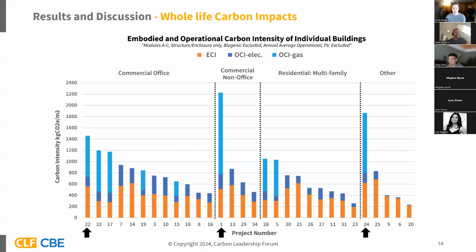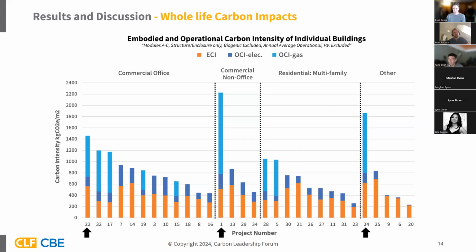And among 21 out of the total 30 projects, the embodied carbon emissions, including the interiors and including the structure and envelopes only, are larger than the operational carbon, including the electricity and the natural gas.